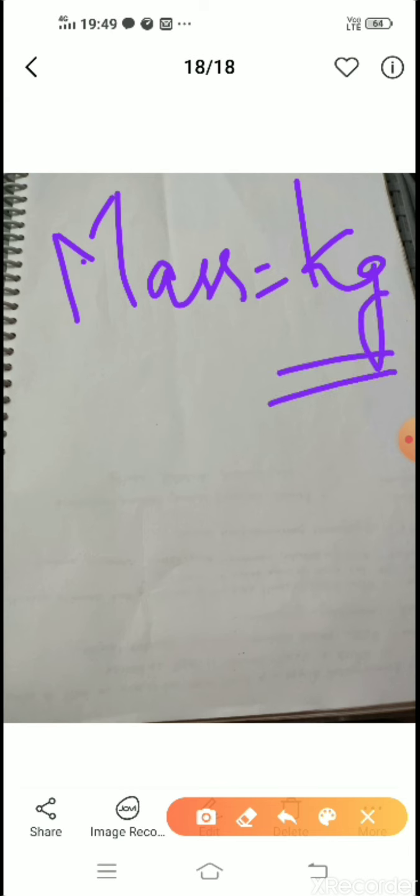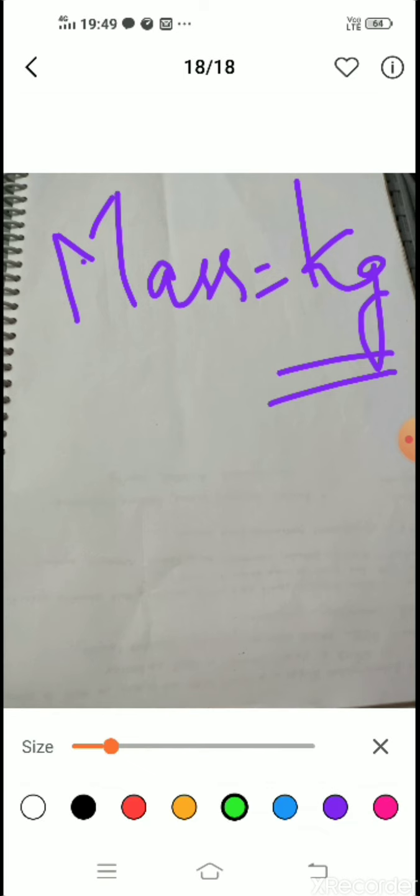Even in the previous video I said the weight of an onion is 1 kg. That is not the weight, that is the mass. For weight we use a unit called the Newton. That is different. So weight and mass are different quantities, don't confuse them.